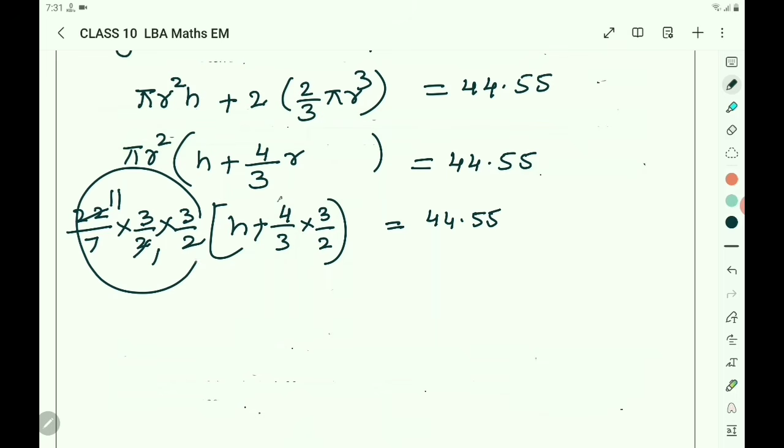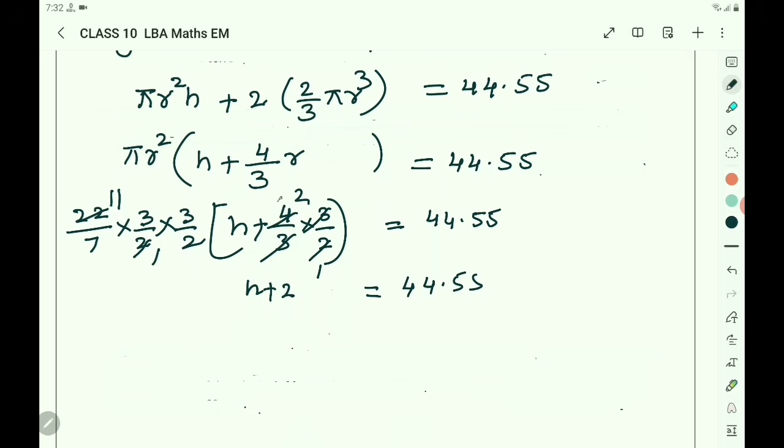Shift all this to the RHS, keeping this part in the LHS. So you write h plus 3 cancels, 2 ones are 2, twos are, h plus 2 equals 44.55 into this 2 and 7 and 2 comes to the numerator of the RHS.